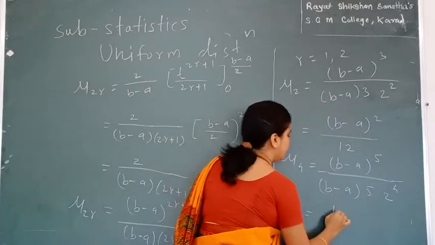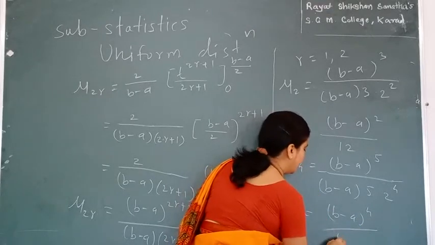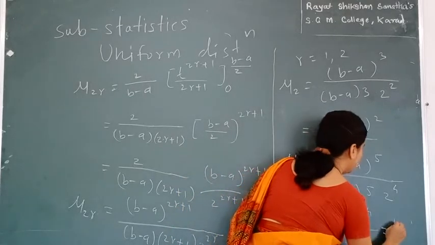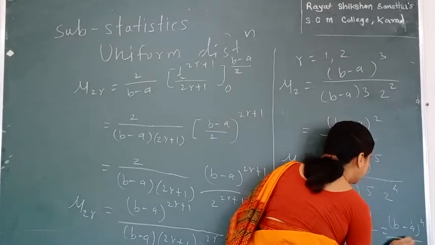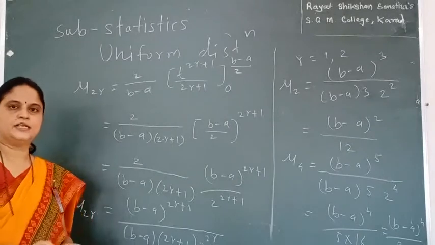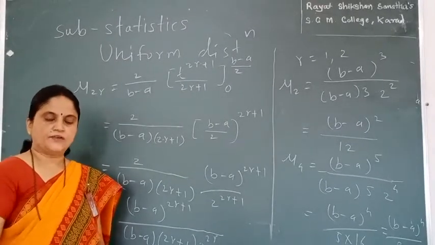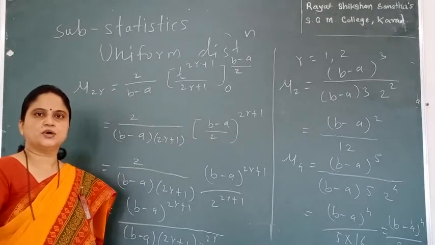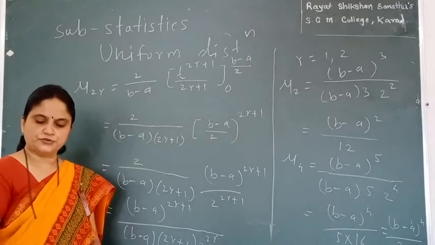So after solving we get b minus a raised to 4 upon 5 into 16, so b minus a raised to 4 divided by 80. Okay, now these are our central moments, that is odd order central moments and even order central moments. After this we can find measures of skewness and kurtosis to see the flatness or peakedness of the distribution.